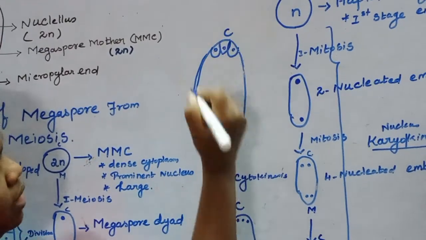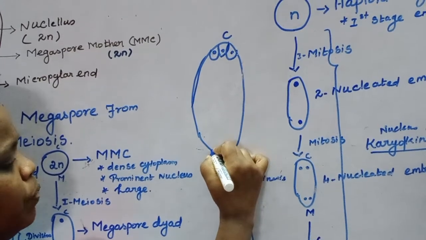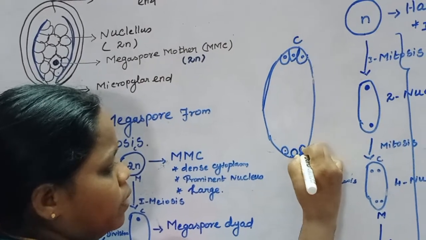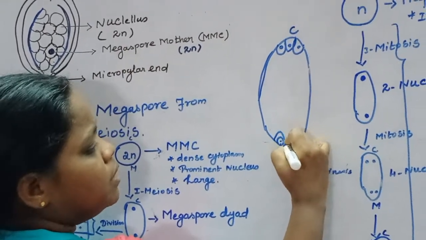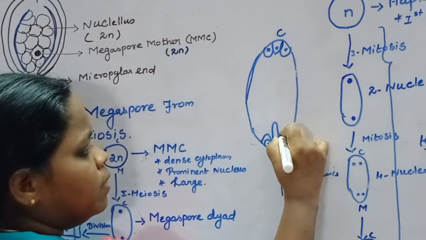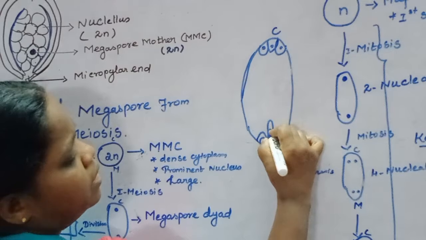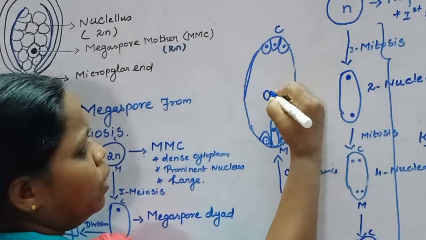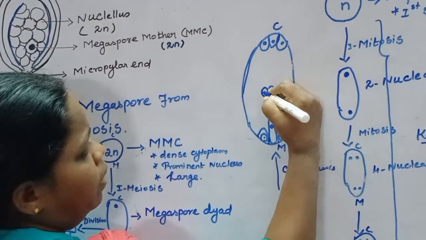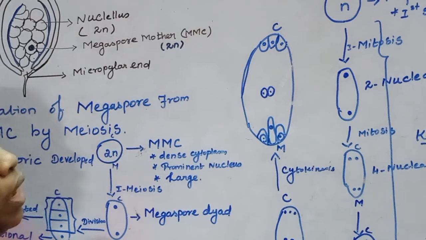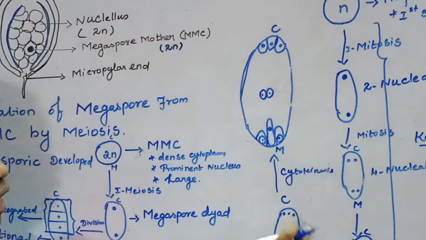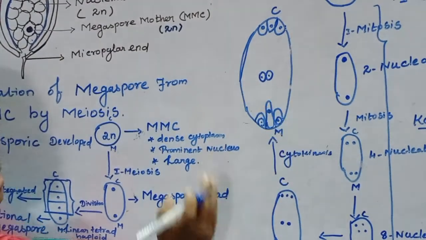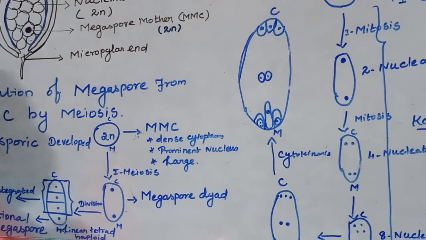It occurs in the chalazal end. In the micropylar end, the 3 nuclei are also present. Around these, cell wall formation occurs. In the middle, the 2 polar nuclei are arranged in the middle region. So out of 8 nuclei, 6 nuclei are surrounded by cell wall. That is called the cytokinesis process.